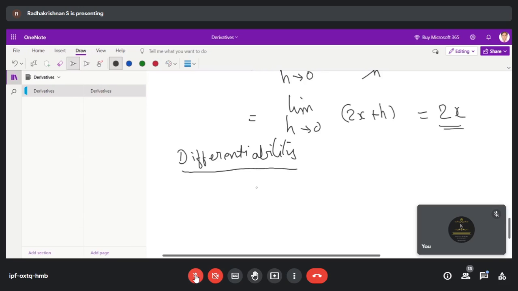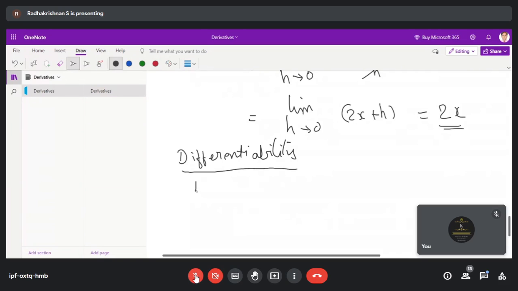Like we saw continuity last class, similarly for differentiability, h can tend to 0 from the right hand side or left hand side. Just like for limits we have left hand limit and right hand limit, the derivative also has a left hand derivative and right hand derivative. For differentiability, the left hand derivative should be equal to the right hand derivative.